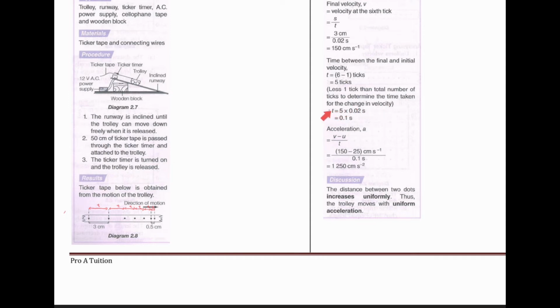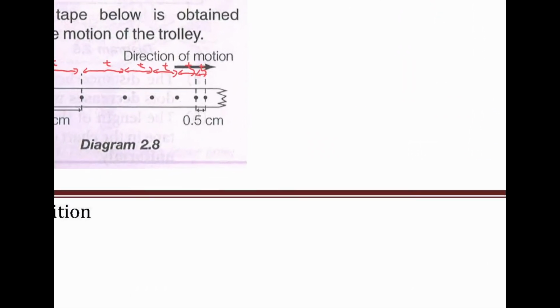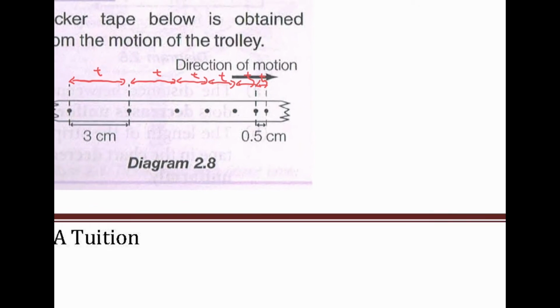So what are they trying to say here? I can put it in this way. The reason why we take 5 ticks is simply because the initial velocity that we calculated here, 25 cm per second, happens at this point. It is not at this point, because at the beginning it's not moving, so it should be 0.